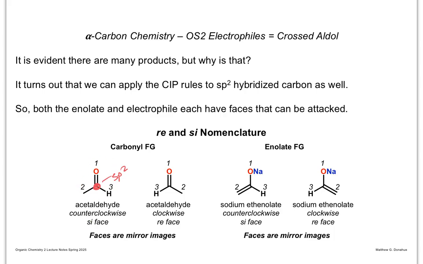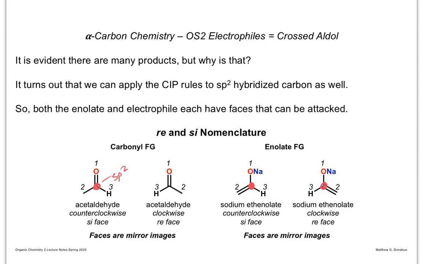And so as you're looking at it from this trajectory, that's called the Si face. If you look at the opposite or mirror image of it, now you're going clockwise, and that's called the Re face. And then you can do the same thing for the enolate where you're focused on that sp2 hybridized carbon.